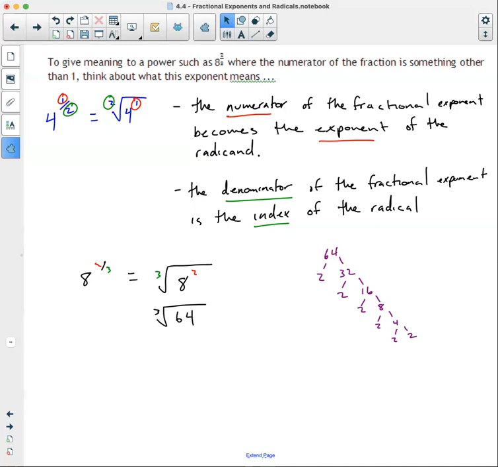So the cube root of 8 squared, that equals cube root 2 times 2 times 2 times 2 times 2 times 2. 2 groups of 2. So the cube root of 8 squared is equal to 4. Or 8 to the exponent 2 over 3 is equal to 4.